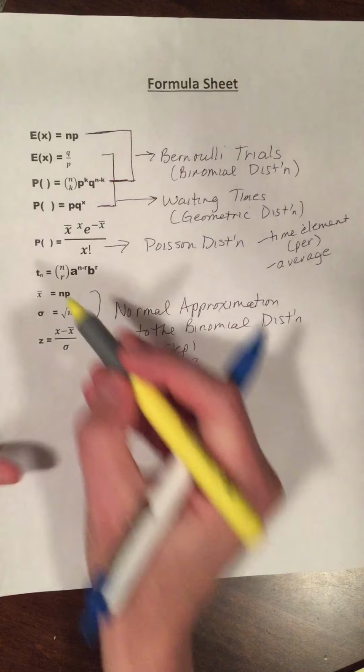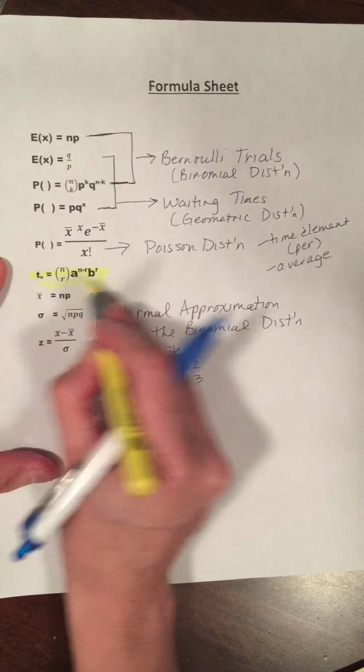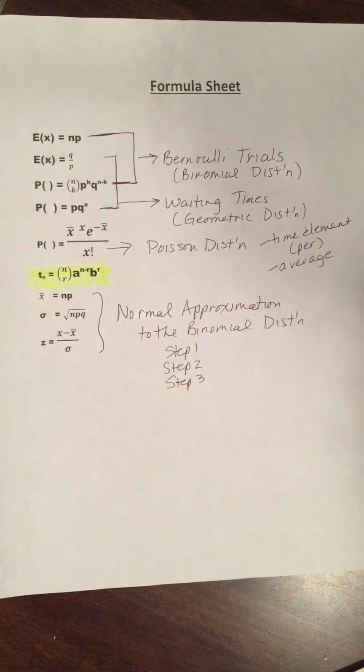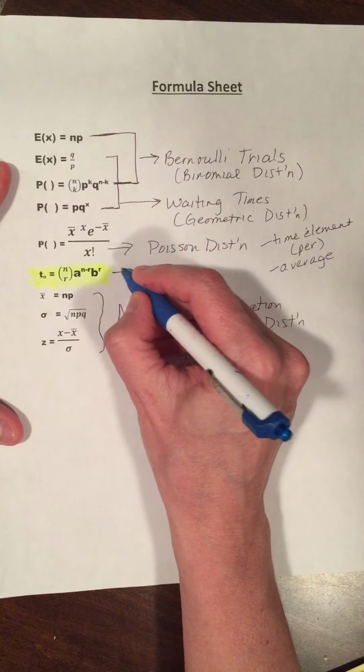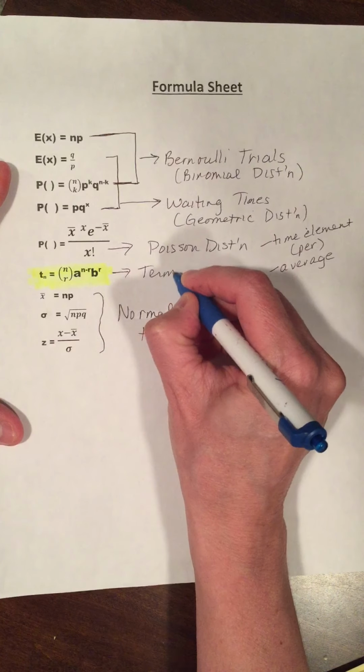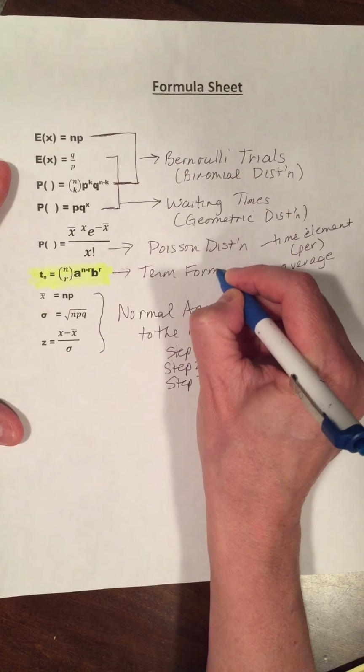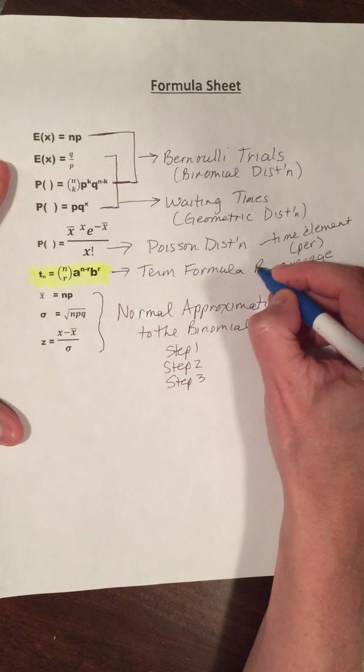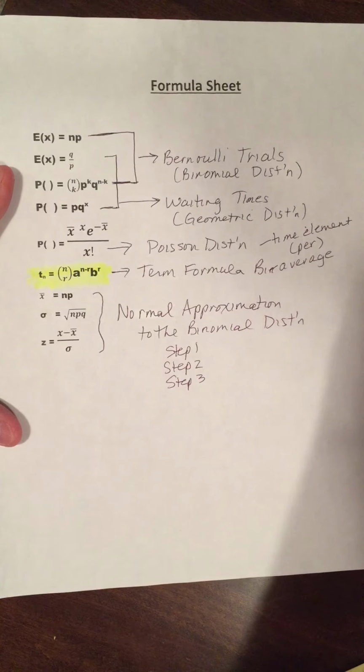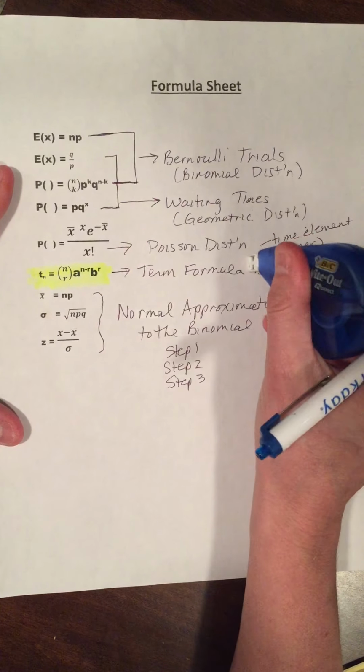Now, the formula that I sort of skipped over, and I'm going to highlight it, is the formula for a term for the binomial theorem. Oops.